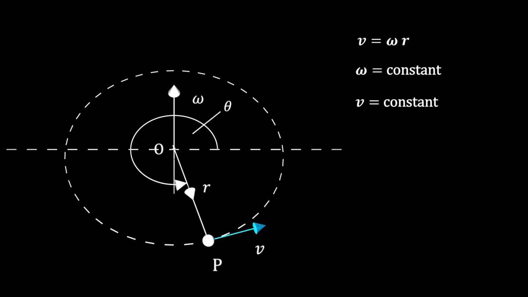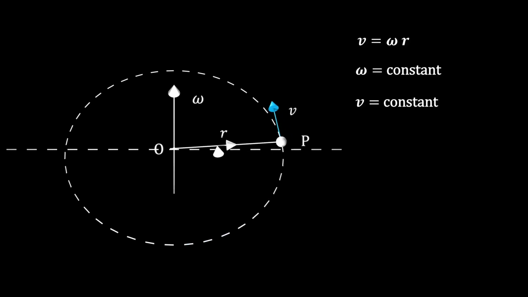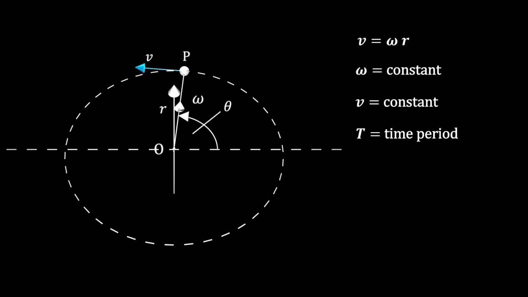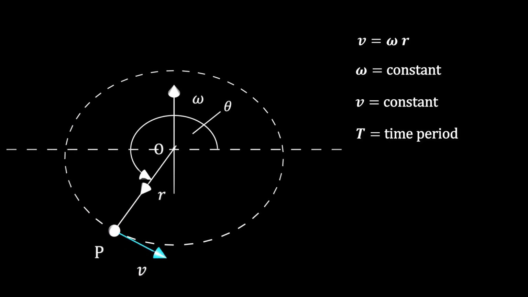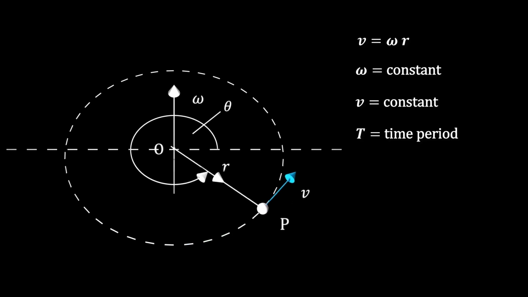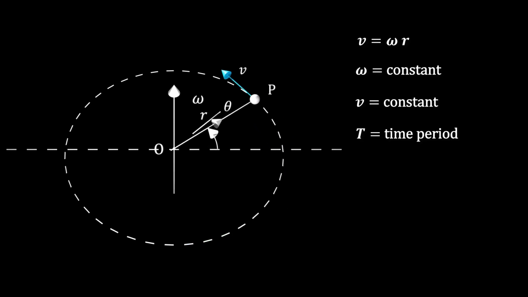In this case, we can define a quantity called the time period capital T. The time period capital T is the time taken for the particle to complete one full circle.